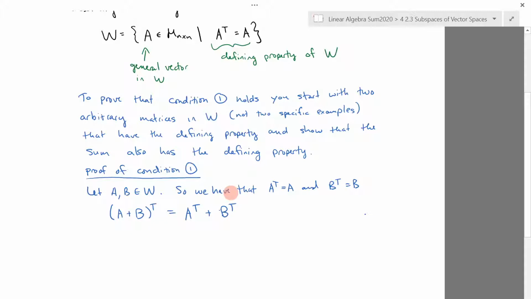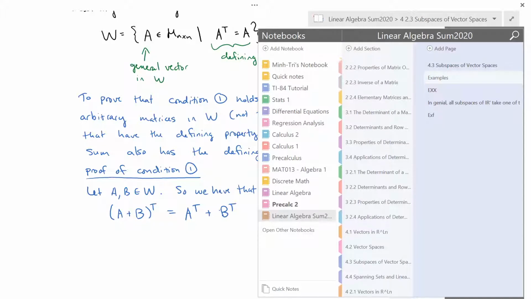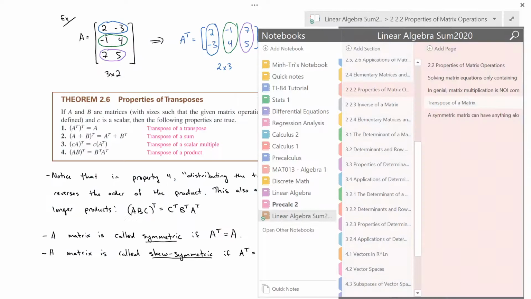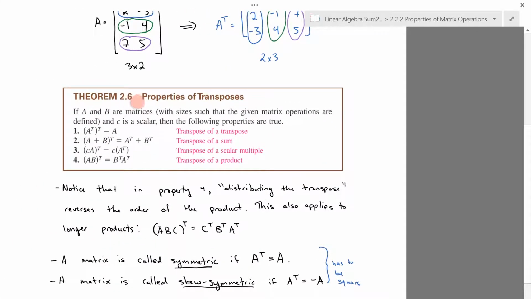If you go back to chapter 2, section 2.2 on the properties of matrices, in theorem 2.6, this is exactly property 2. The transpose of a sum is the sum of the transposes.